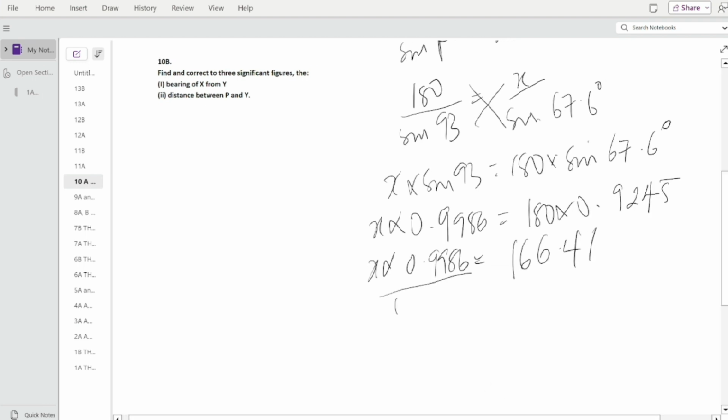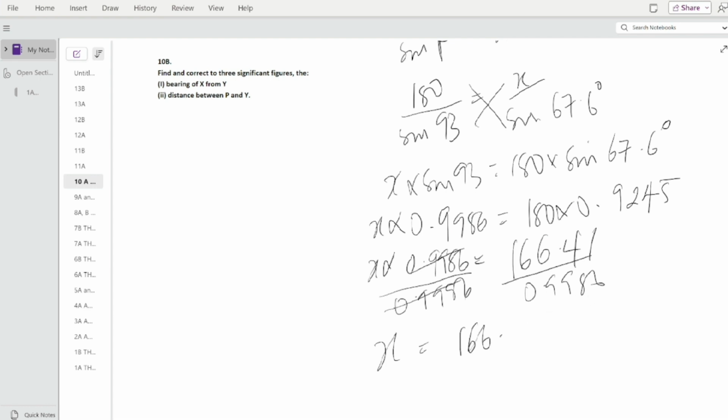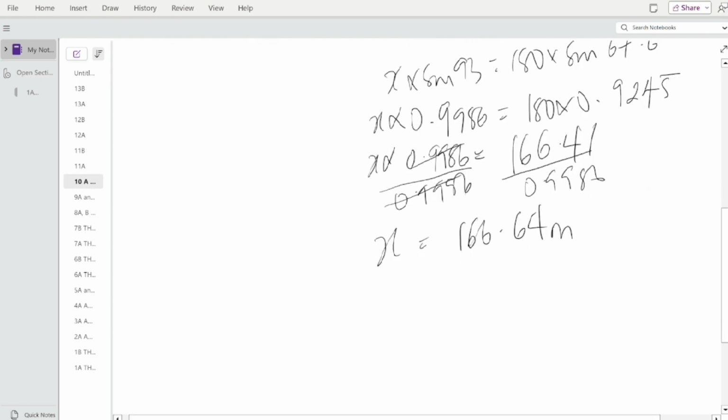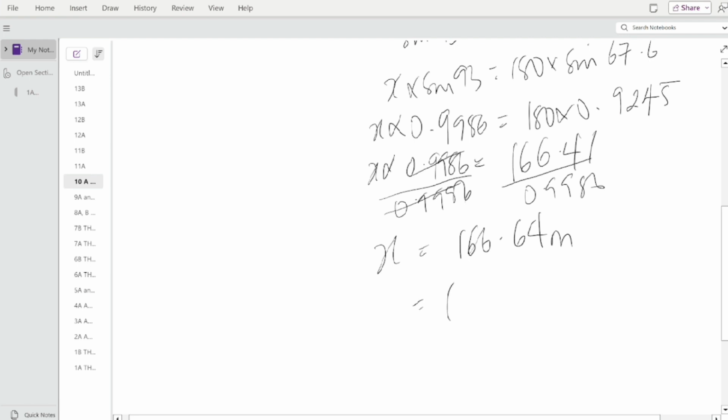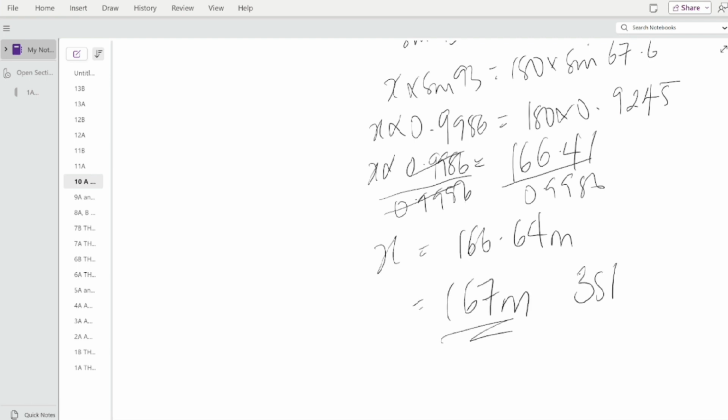We divide both sides by 0.9986 to get rid of this and make x stand alone. So x is equal to 166.41 divided by 0.9986, which will give us 166.64 meters, and to three significant figures we have it as 167 meters as our answer.